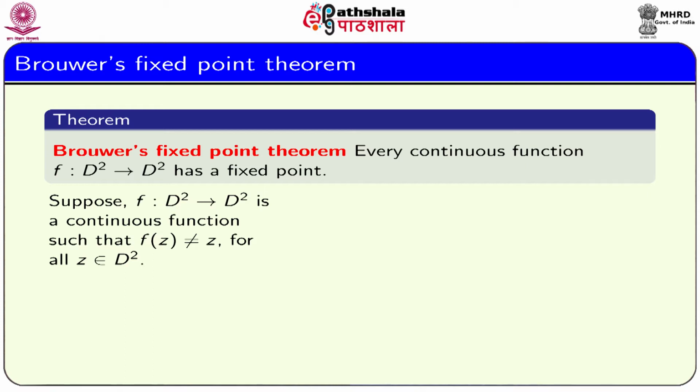So let us prove it. Suppose f is a continuous function from D2 to D2, and if possible, suppose that it has no fixed point, that is, f(z) is not equal to z for all z belonging to D2.